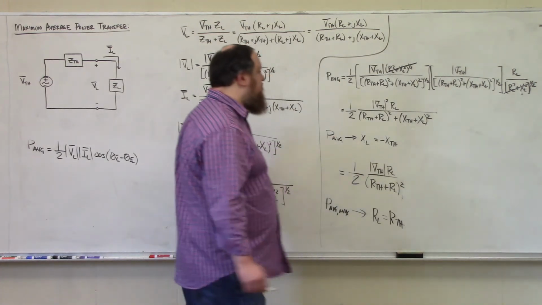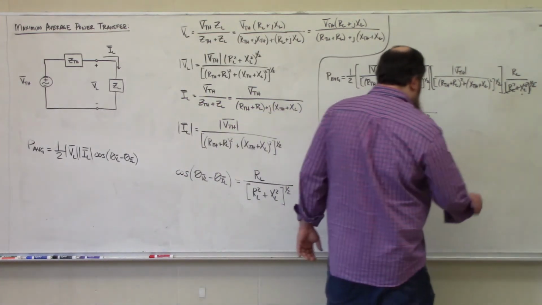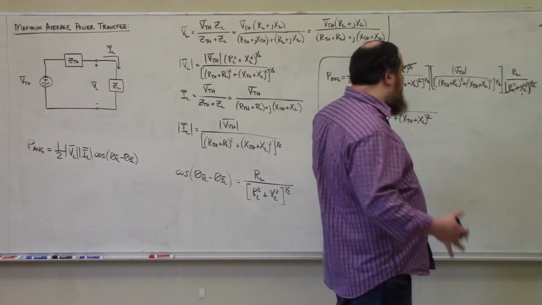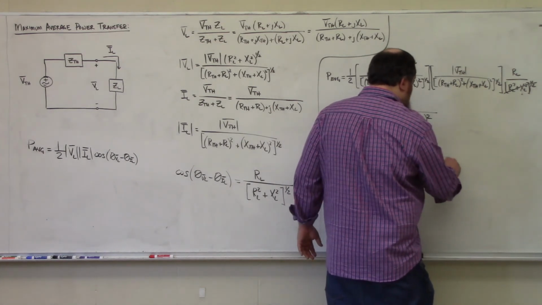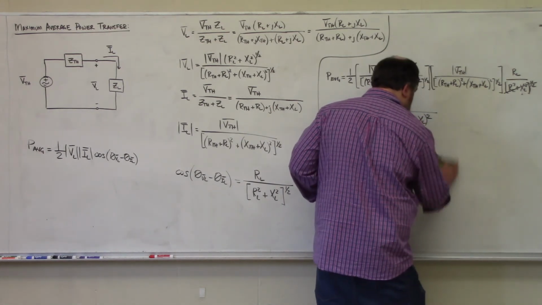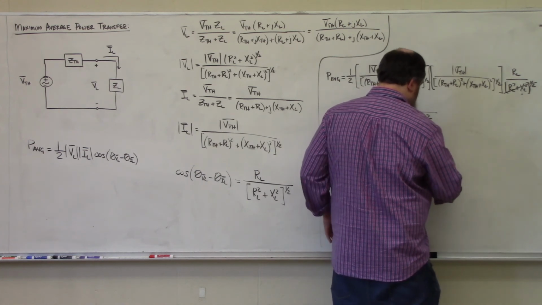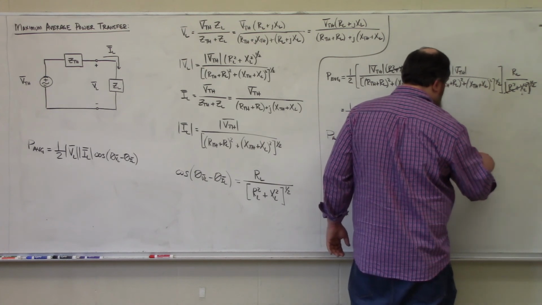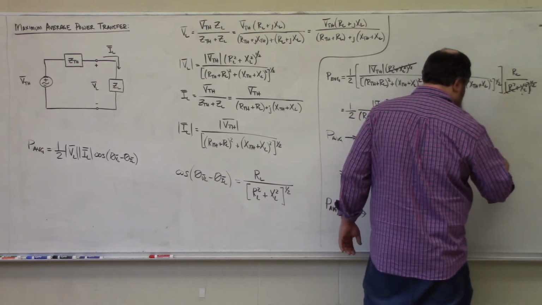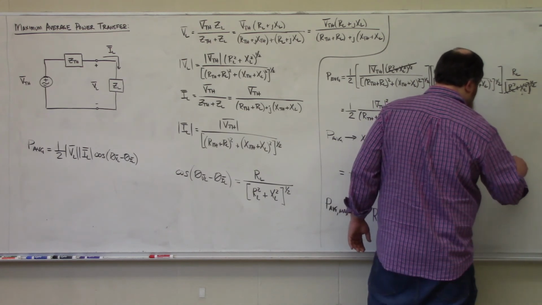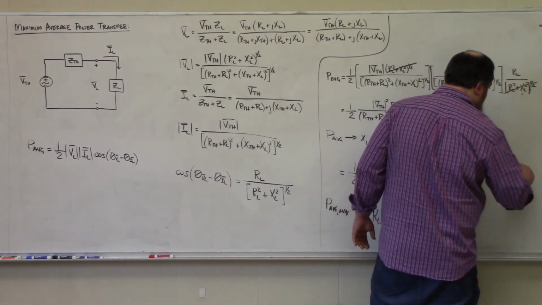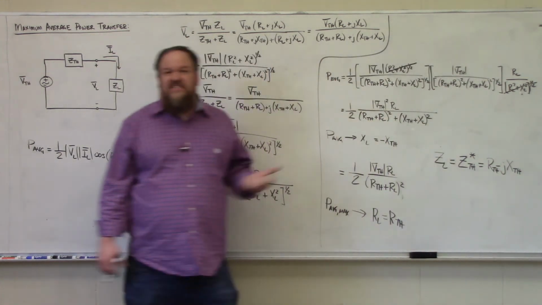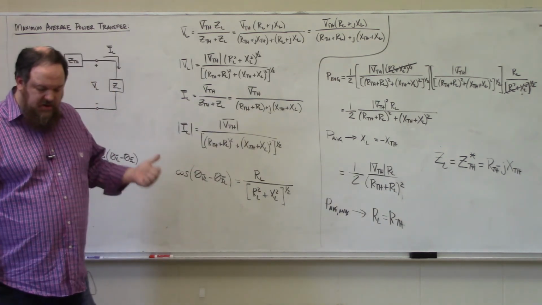With both of these two constraints combined, we find that maximum average power transfer occurs in a steady state sinusoidal circuit when ZL, the impedance of our load, is equal to the complex conjugate of ZTH, which by definition is RTH minus J XTH. So under this specific condition, maximum average power transfer occurs.